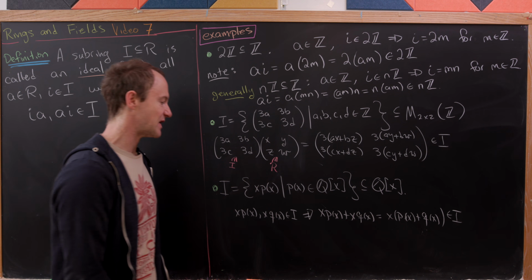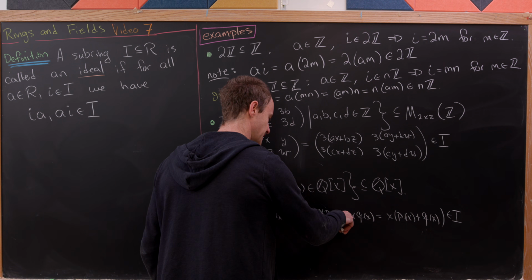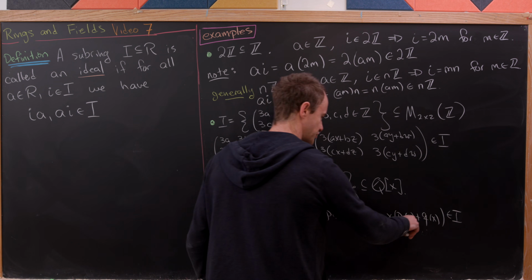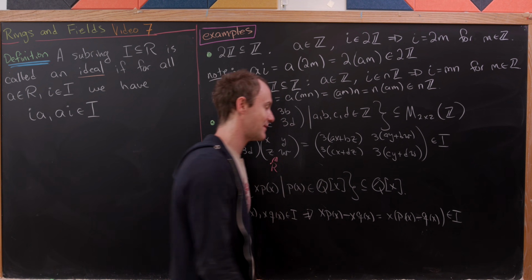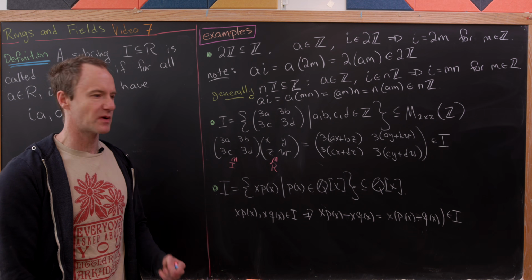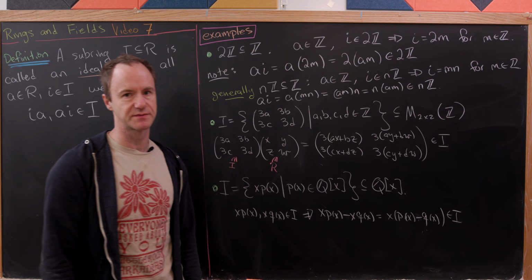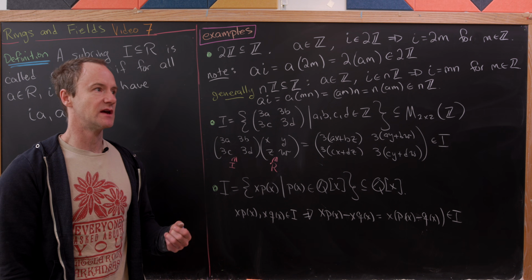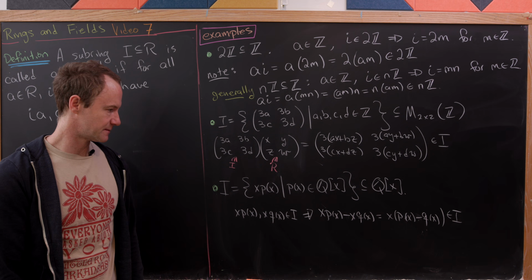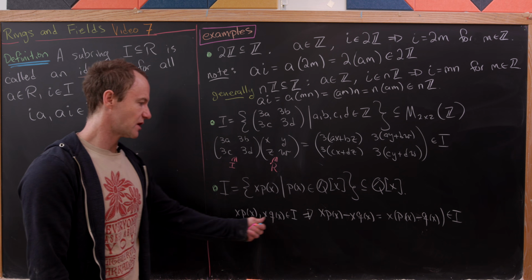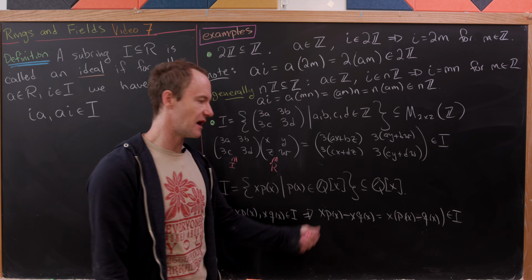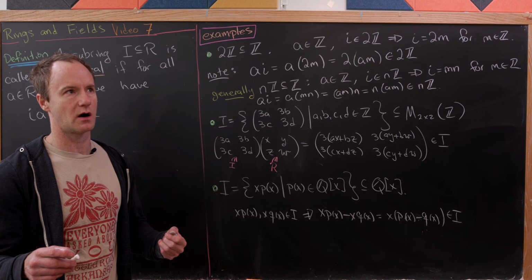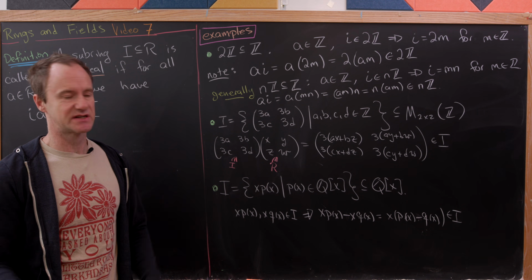So I guess maybe even a little bit more strongly, we could prove that this is closed under subtraction using the same method. And I say that's a little bit more strong because if it's closed under subtraction, it automatically contains the 0 element, as well as inverses. So this is kind of enough to check that it satisfies all of the addition type properties.